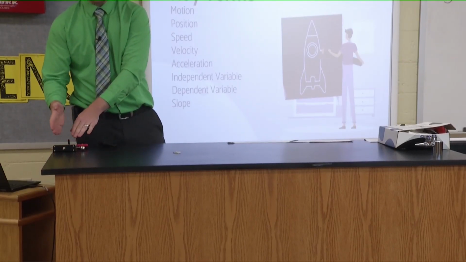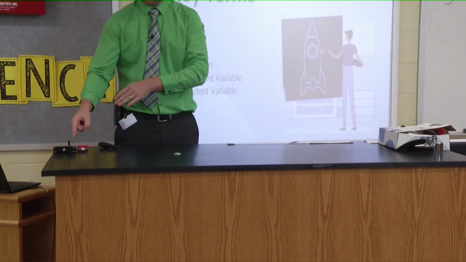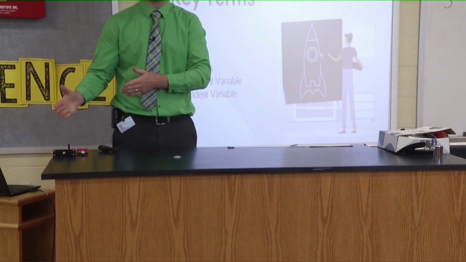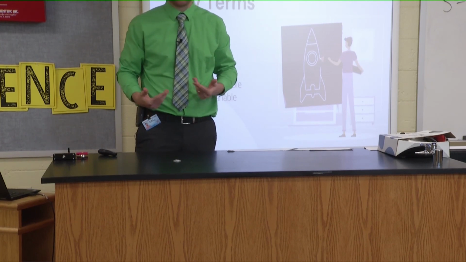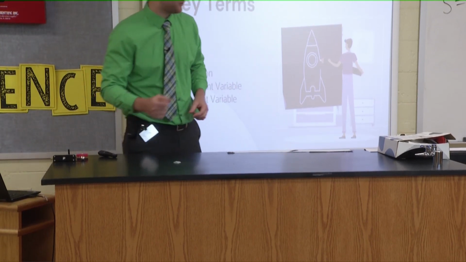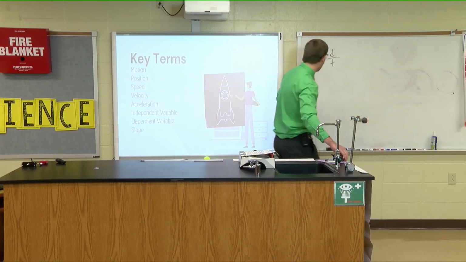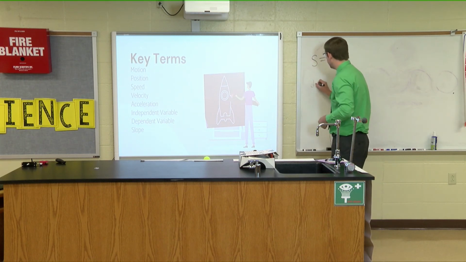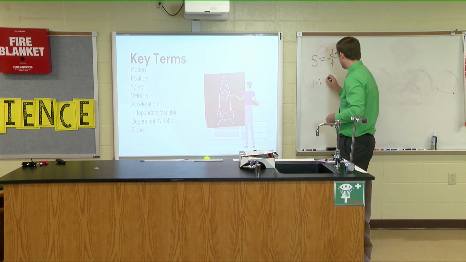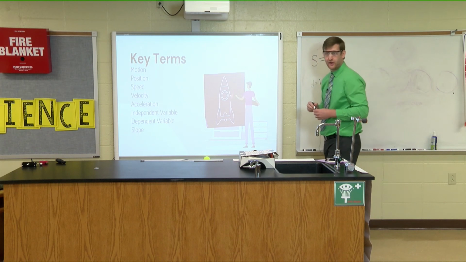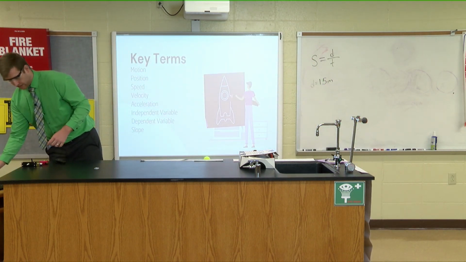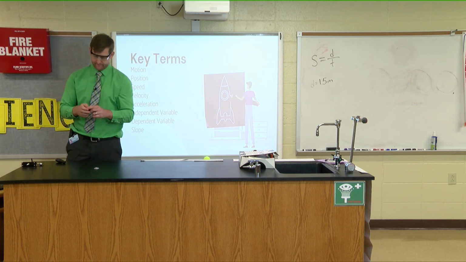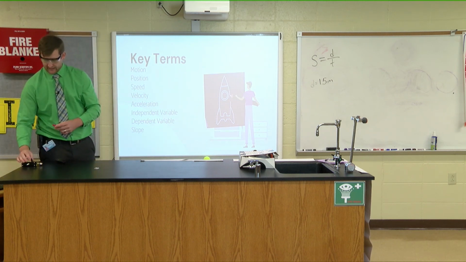So there's different settings on here. So each setting will launch it faster. We're just going to do the first setting for simplicity purposes. So right now we have our distance equals 1.5 meters. I'm going to take my timer, and I'm just going to launch.